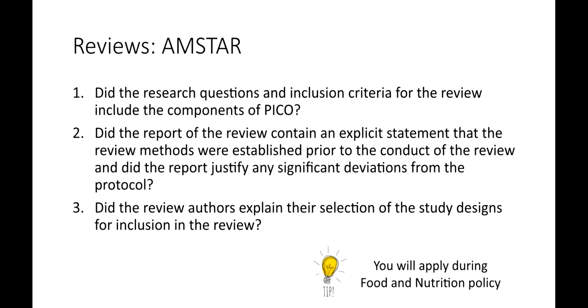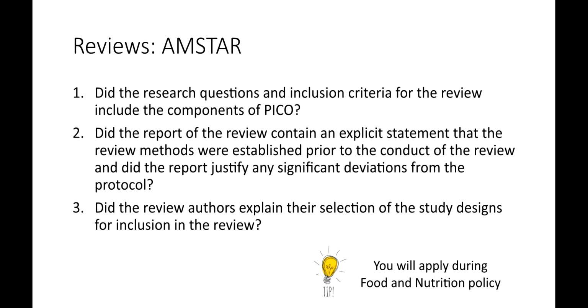And for the systematic reviews, we use the AMSTAR statement. And I'm not going to go through all of the criteria here. You see them on the screen. The most important element here is that you use an AMSTAR statement, that you read the different questions and you go through each of the different criteria and assess the systematic review.